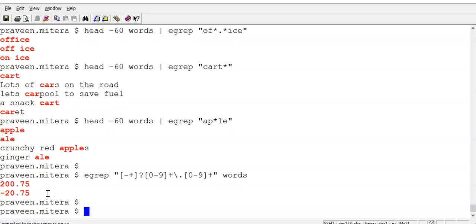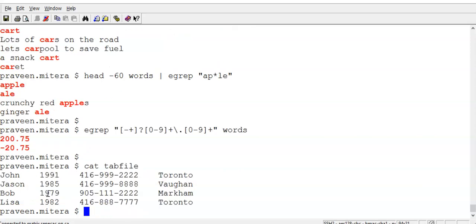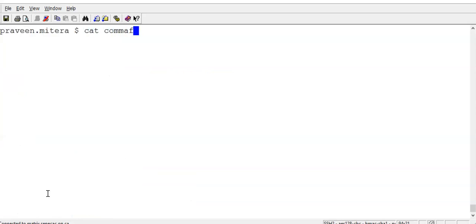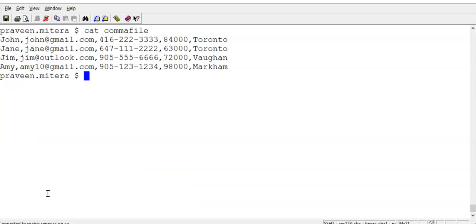Let's look at another example. I'm just going to show you my tab file. Actually, let's look at the comma file, which is a comma delimited file. So let's say in this we are looking at the first name of the person.